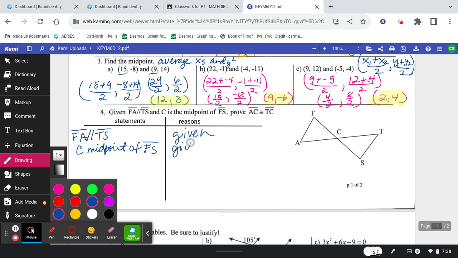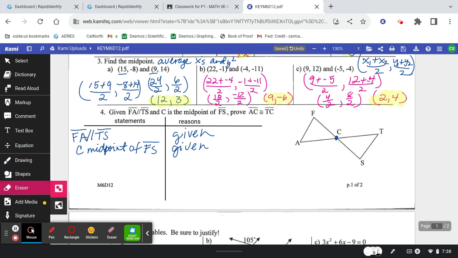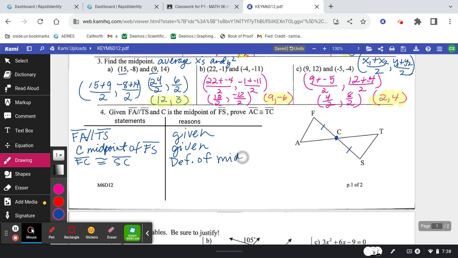After we write these first two givens, I want you to go mark the picture. If C is the midpoint of FS, then that means I now have two baby sides that are congruent. I have that FC is congruent to what? You got it, SC. That's by definition of midpoint.